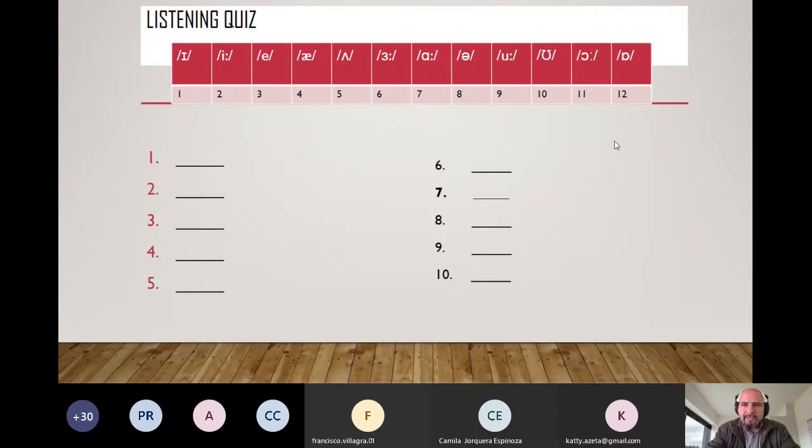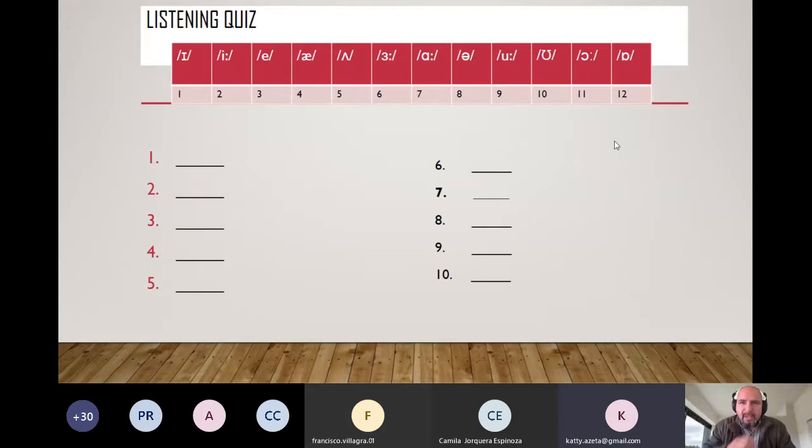Okay, am I showing you the answers? Because I did that once. Can you see the answers? Can you see the words? No. Okay, here we go with the quiz.